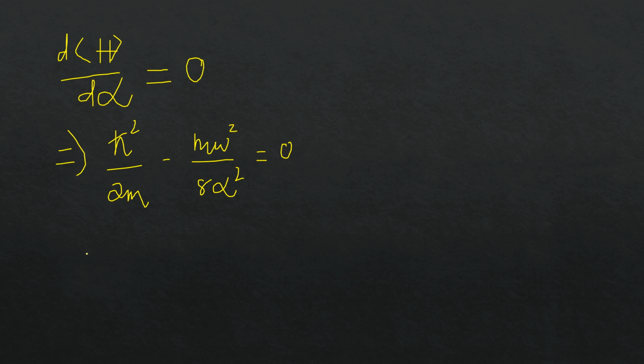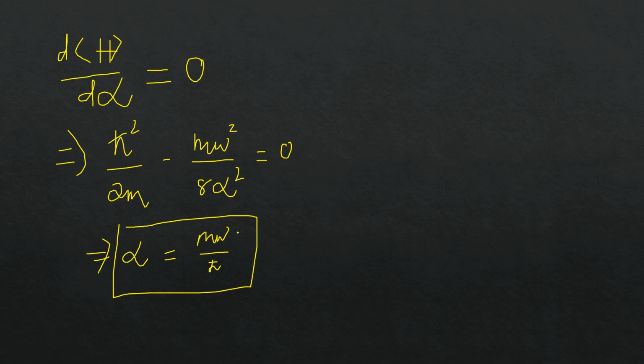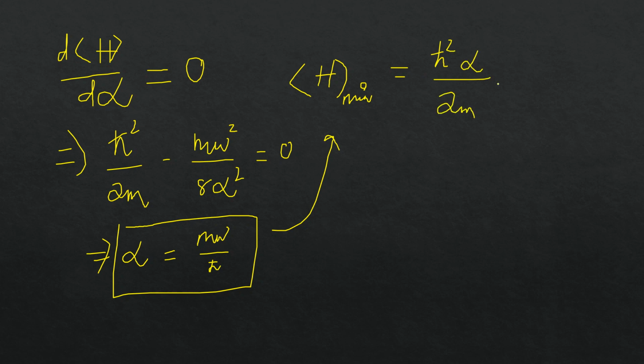So from this, if we take this to the other side, we can calculate alpha is equal to m omega by h cut. Now just put it in place of H to get H minimum, that is h cut square alpha by 2m plus m omega square by 8 alpha.